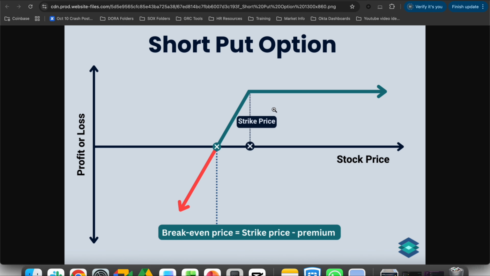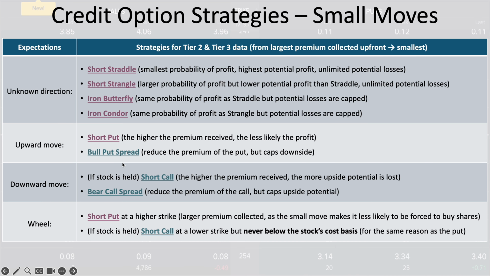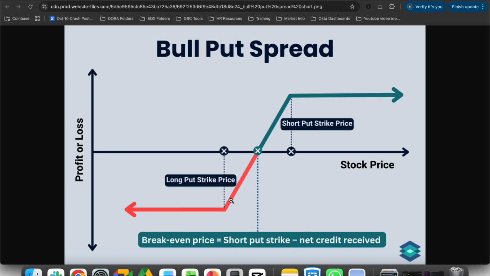The price, if we finish around here, you will not be assigned, you keep the premium, and that's it. Again, if you want to protect against your downward exposure, you buy a put with a lower strike price, and then you are basically protected.